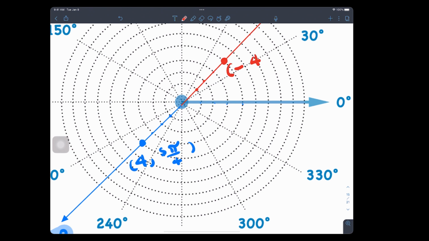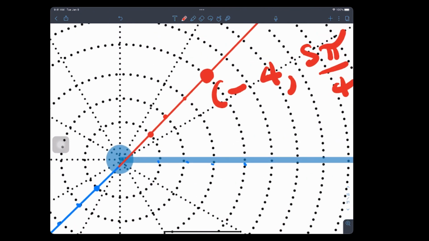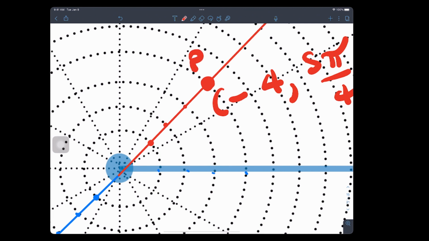This is location -4, 5 pi over 4. You must plot the point opposite the pole. That's how you deal with the negative radius value. Okay, you guys okay with that?